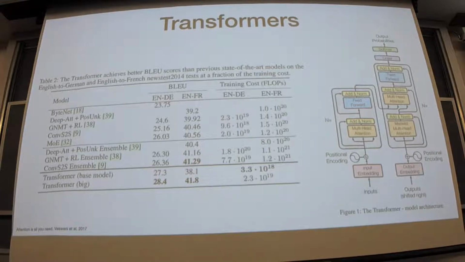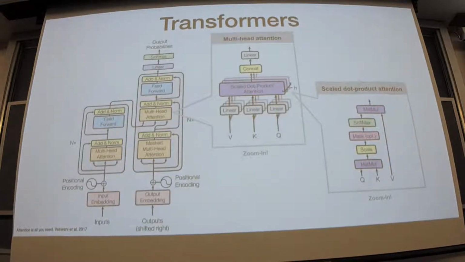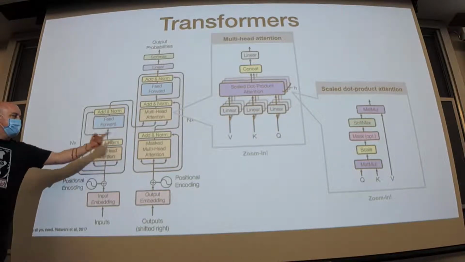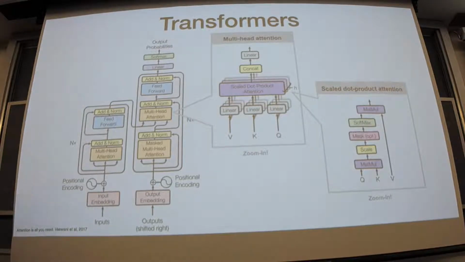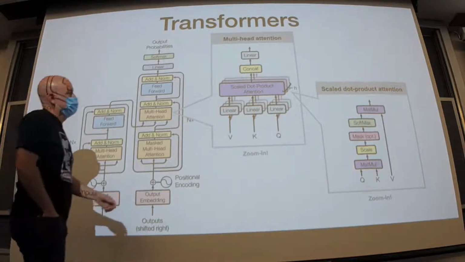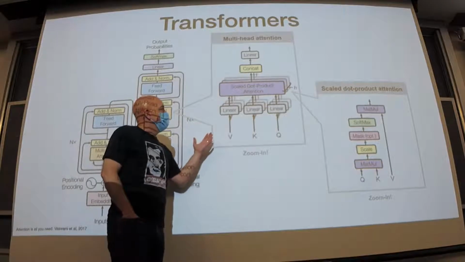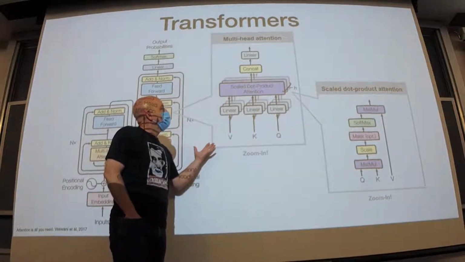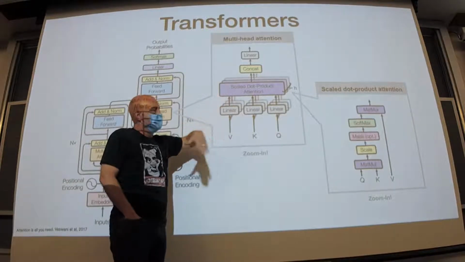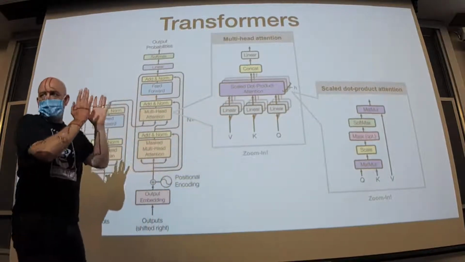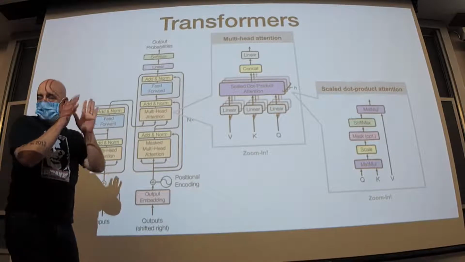So, what drives all of this? Again, at the core of this are all these multi-head attention modules, and those look like the following. You have this thing called scaled dot product attention. That's basically what we were just talking about. It's taking dot products to do comparisons.